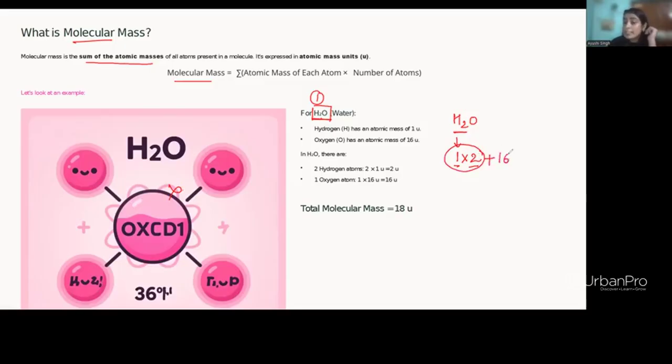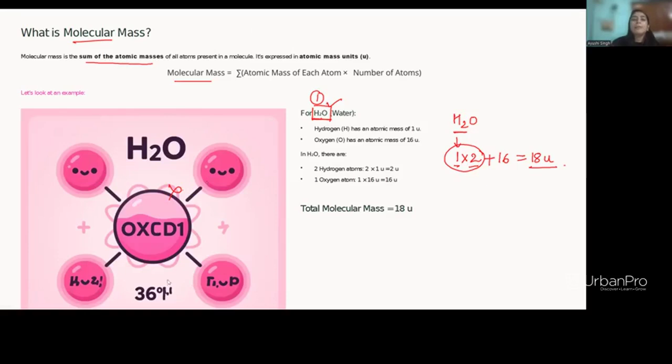It's 16, and hence we'll get 18 u. 18 atomic mass units, and that will be the molecular mass of our water. Okay, clear? Right. Okay, moving ahead.